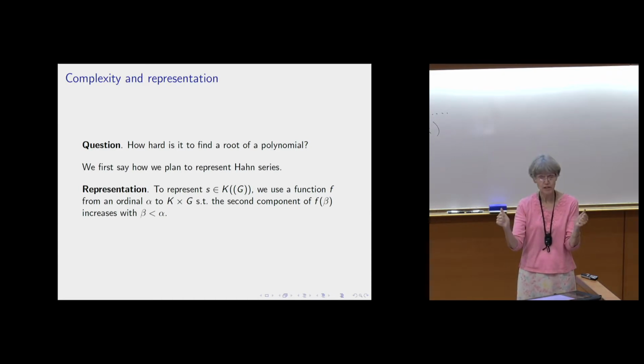So the Puiseux series are exactly gathering together the Laurent series in t to the 1 over n for various positive integers n. Each element has a bound on the denominators. Now, for Hahn series, if we took the group of rationals, no bound.